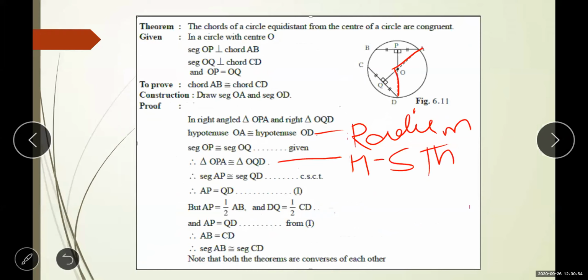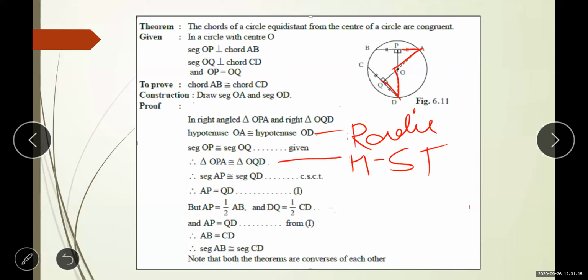These two triangles are congruent. Now we can show here AP is equal to QD. Segment AP is congruent to segment QD. Why?